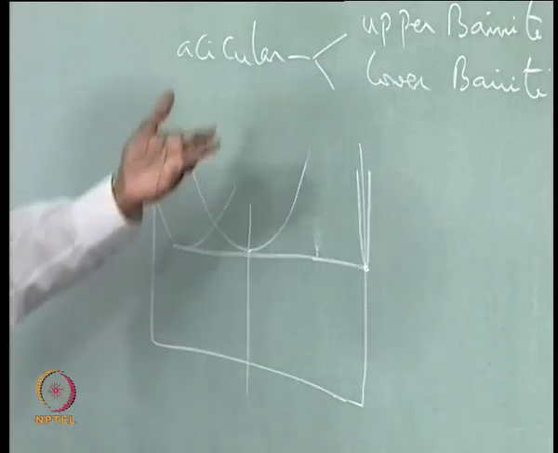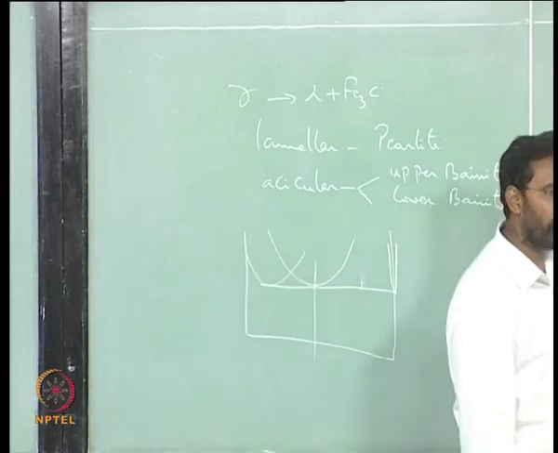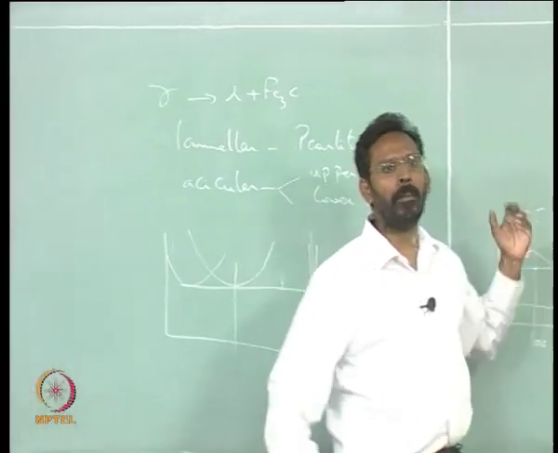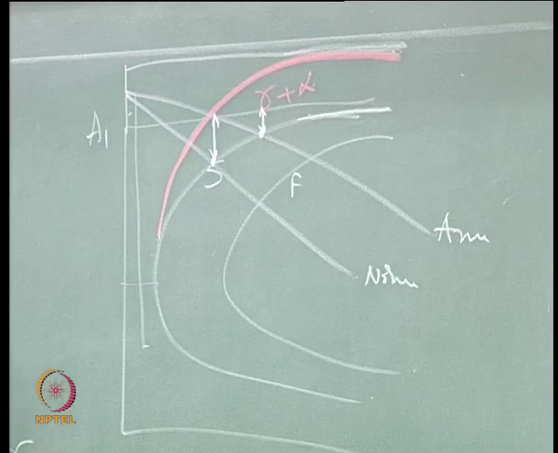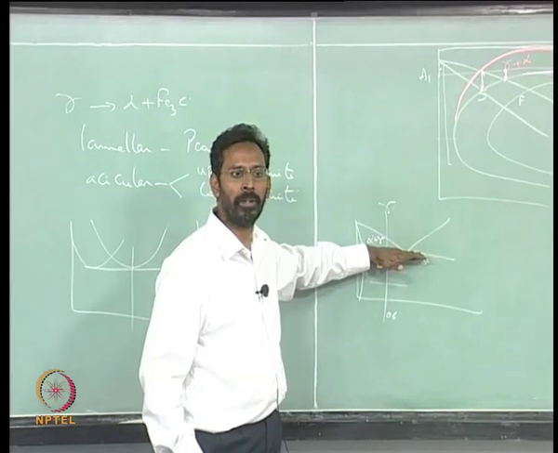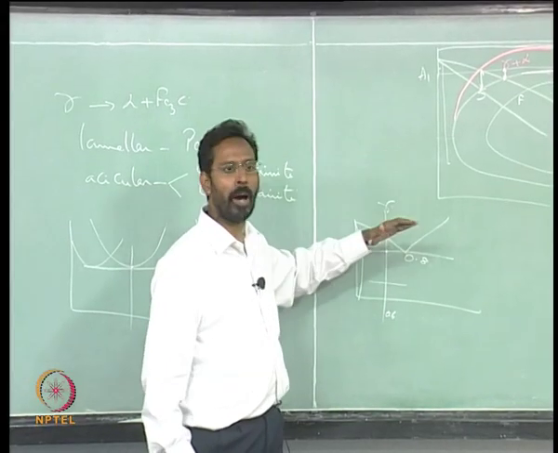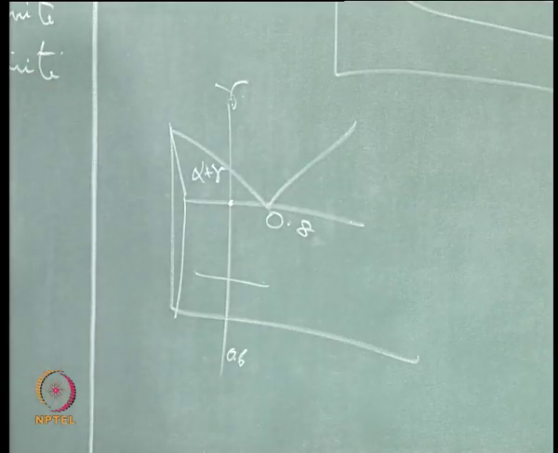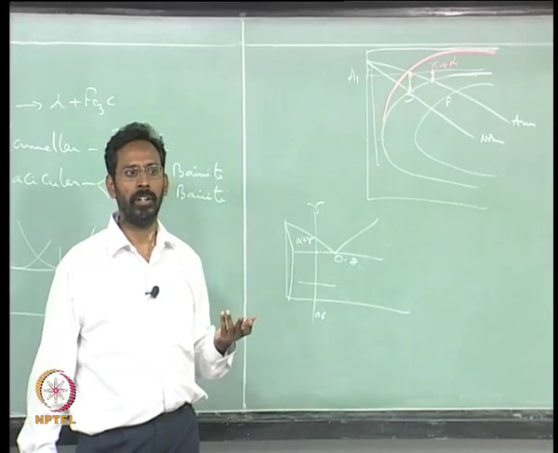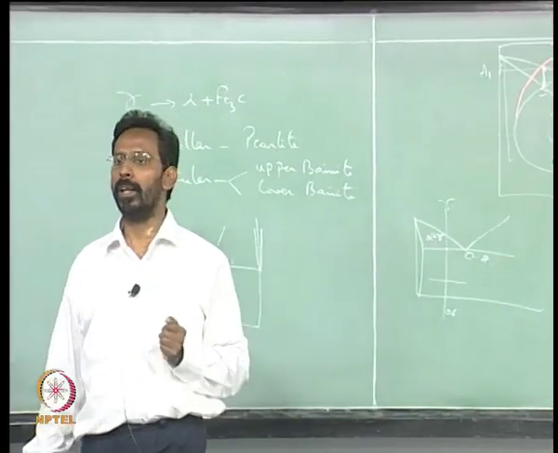This will get shifted. Why? Because as I come to lower and lower temperature below the A1, gamma is less and less stable, and the alpha plus Fe3C mixture is more and more stable, because we are below the eutectoid transformation temperature. If gamma is remaining below the eutectoid transformation temperature, it is only metastable gamma. It cannot in principle remain as a stable gamma.